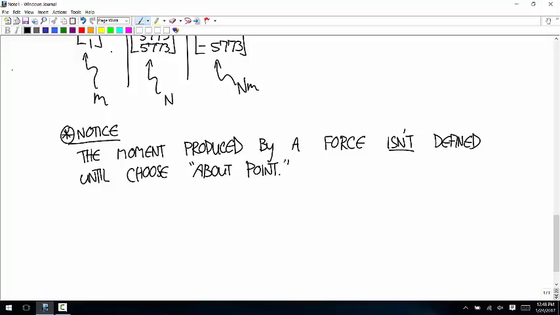So in other words, a force doesn't produce a moment. Force only produces a moment about a given about point. You choose a different about point, you get a different moment.